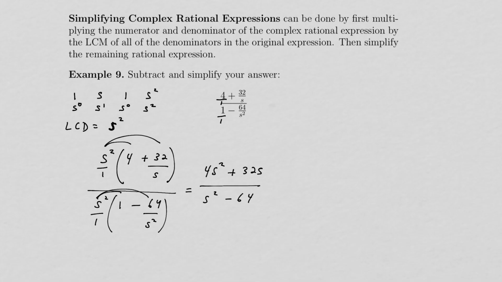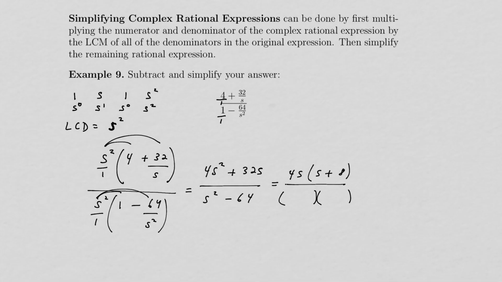Okay. Now let's try to simplify whatever we can. Well, it looks like I can factor out a 4s from the numerator. And I'm left with s plus 8. And then in the denominator, again, you should recognize this is a difference of squares, right? This is like a squared minus b squared. So s squared minus 64 is the same as s squared minus 8 squared.